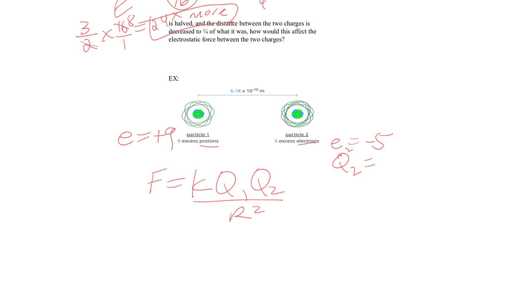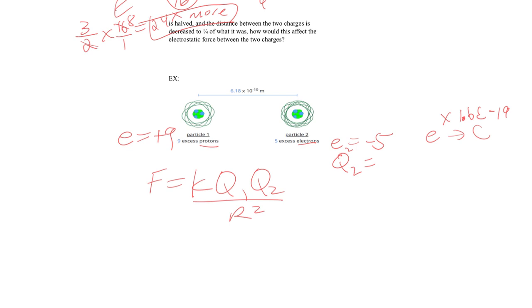Oops, my fault. Reverse. Okay, so to change E to coulombs, what do I do? I multiply it by 1.6 e to the -19.